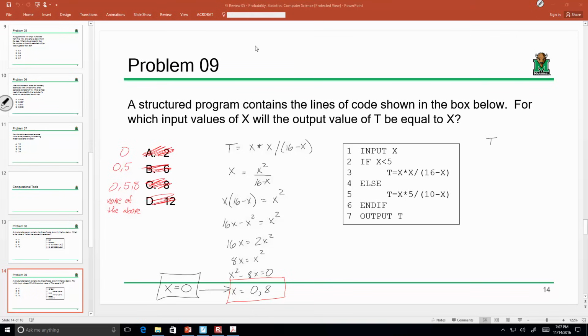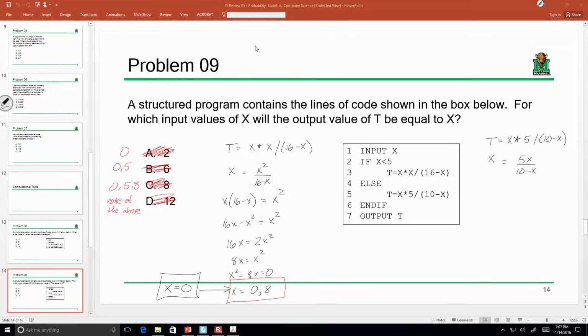So t equals x star 5 slash 10 minus x, or that's just 5x divided by 10 minus x. Now, I'm trying to determine what value will generate an equal answer.